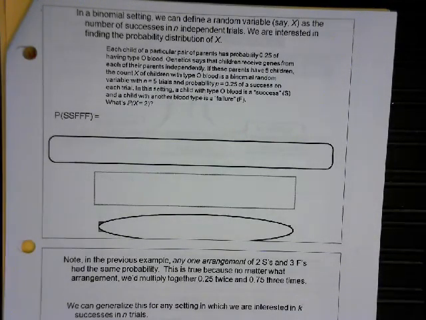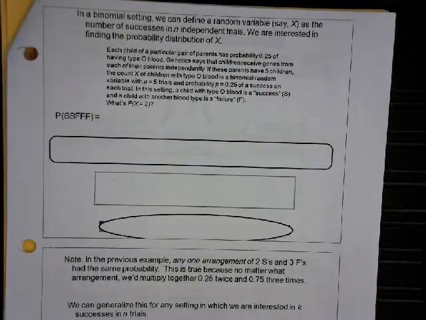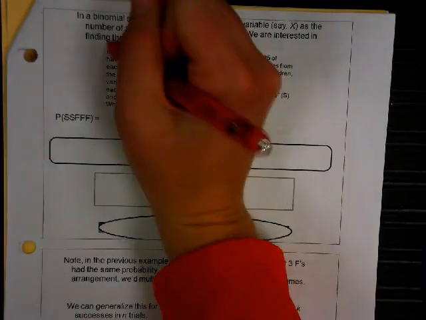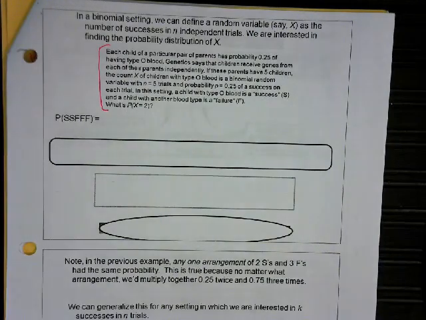Now, boys, we're gonna look at some more math. So in a binomial setting, we can define a random variable, say X, as the number of successes in n trials. And then we can find the probability distribution for X. So our example here is this paragraph in the middle. Each child of a particular pair of parents has probability 0.25 of having type O blood. Genetics say that children receive genes from each of their parents independently.